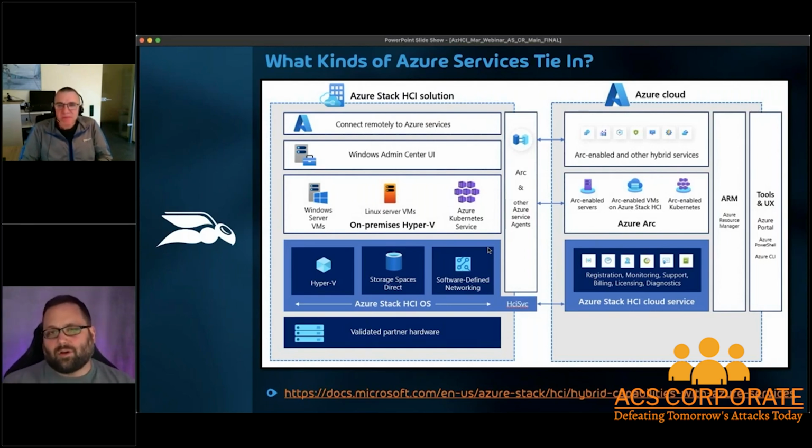So that's really one of the big benefits there, that you can control it from the Azure management plane. You've got things like ARM, you've got the other various tools and UXs like the Azure Portal, PowerShell, Azure CLI, and they're going to be building a lot of services on top of this.